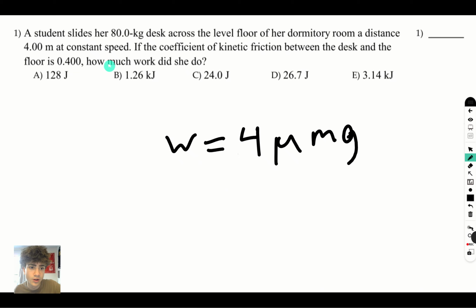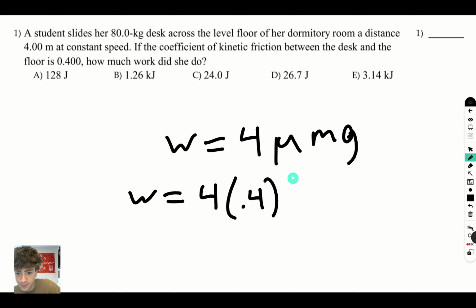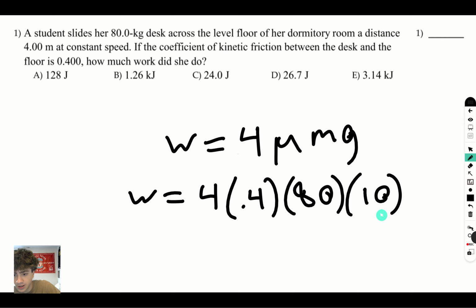We see that we have our mu coefficient. Mu is 0.4. M is 80. And we know that our gravitational constant on Earth is roughly around 10.